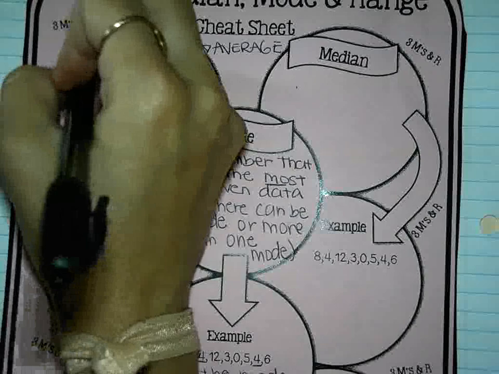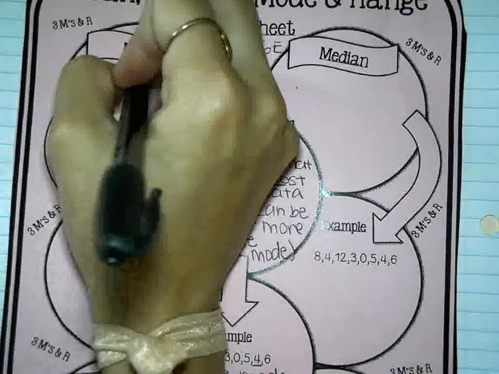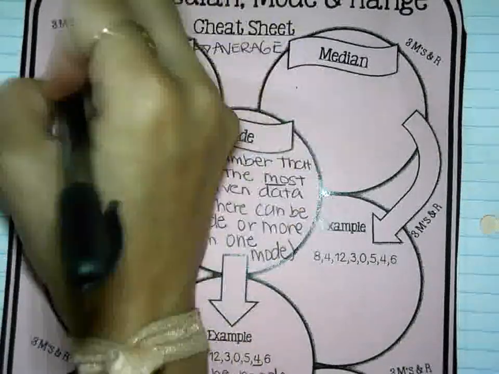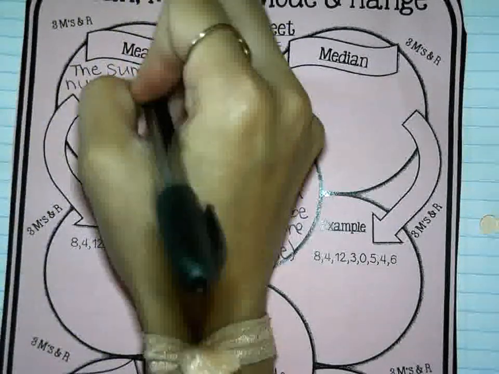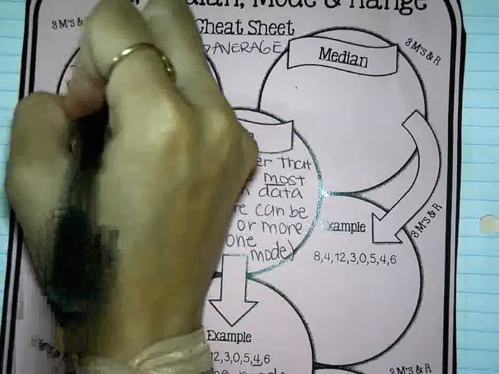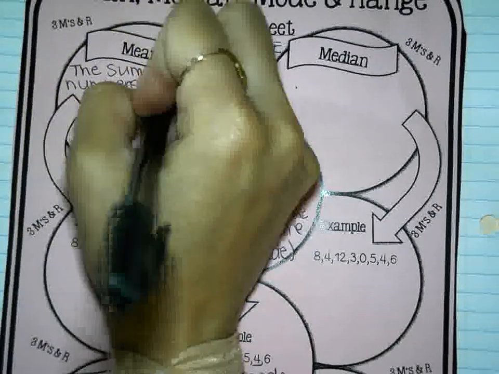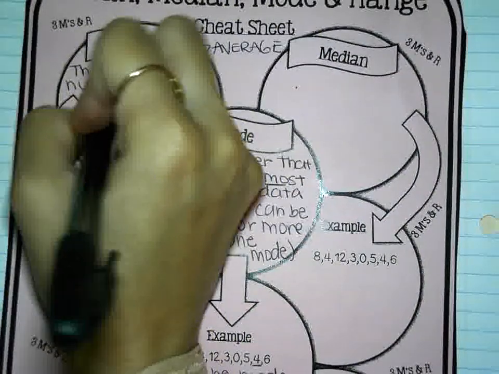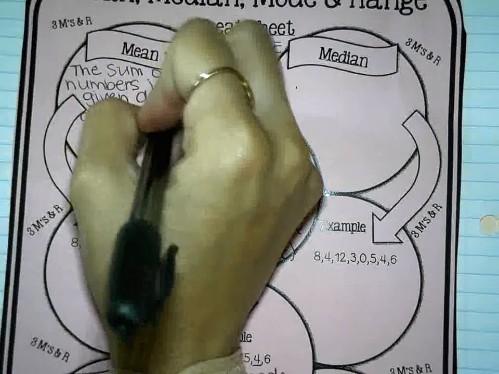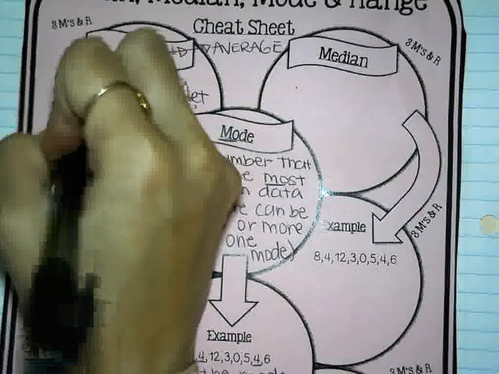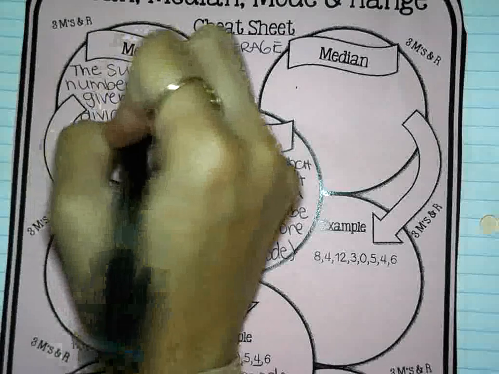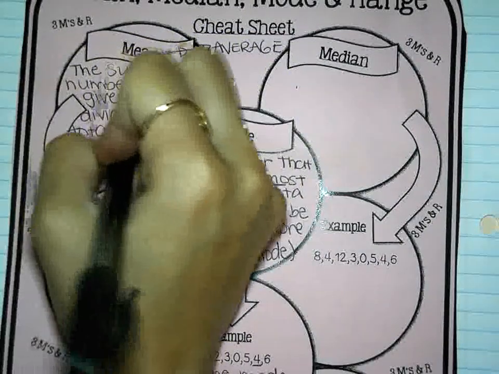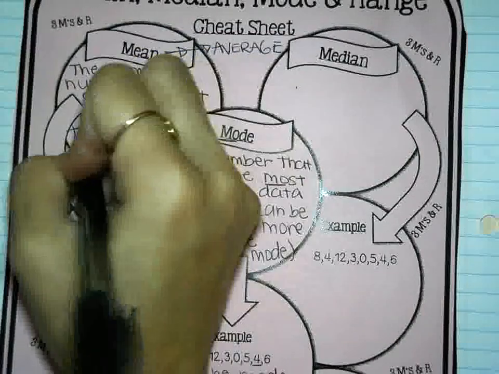So the mean is the sum of numbers in a given data set divided by the total number of numbers in the data.